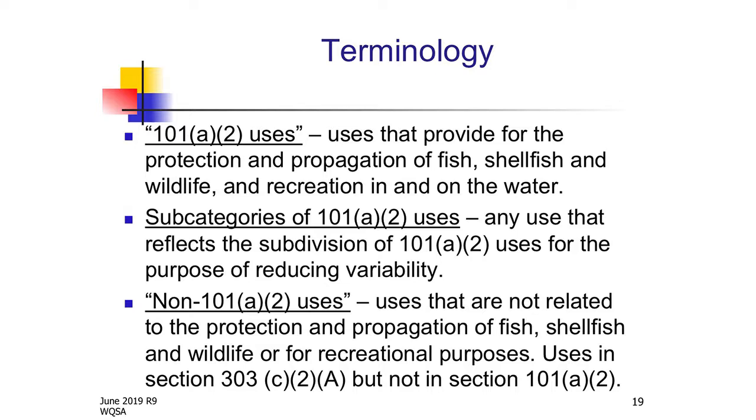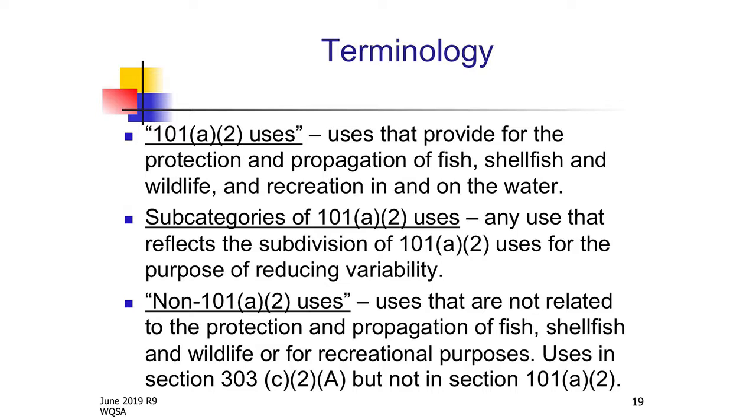Subcategories of the 101(a)(2) uses reflect a subdivision of uses specified in Clean Water Act section 101(a)(2) for the purpose of reducing variability. An example would be warm water aquatic life or limited warm water aquatic life, so you can better represent the desired condition for the water.